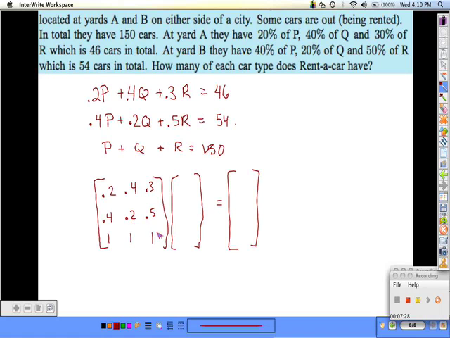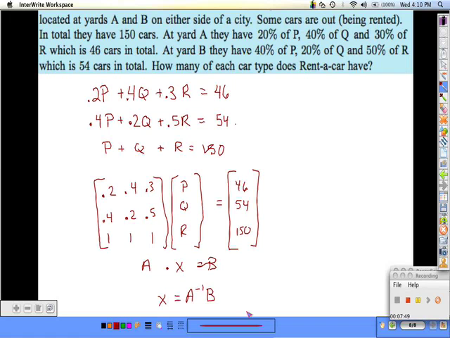The last row is going to be ones. Then I'll have P, Q, and R. Remember, this is A times X equals B. I'm going to pre-multiply both sides by the inverse.